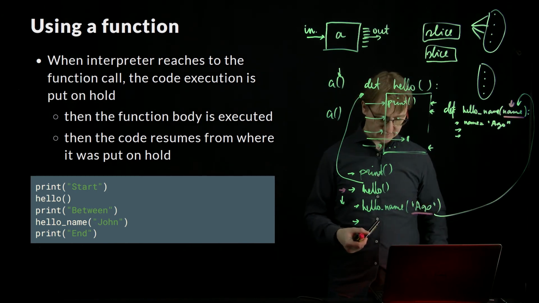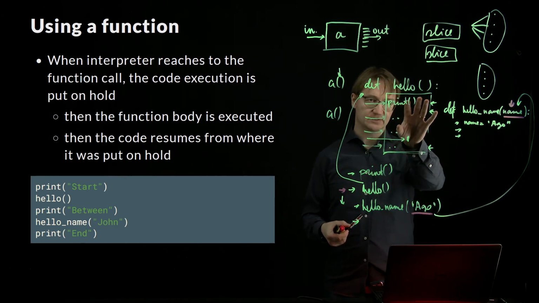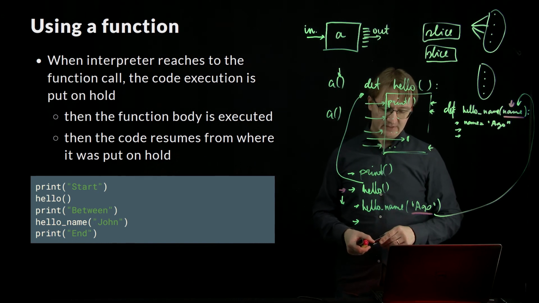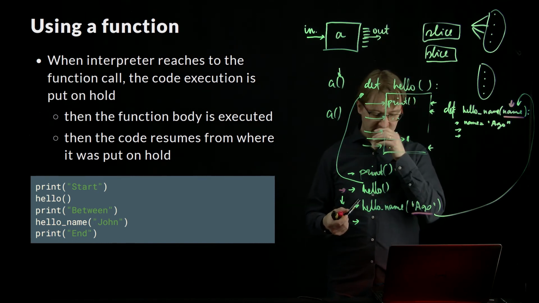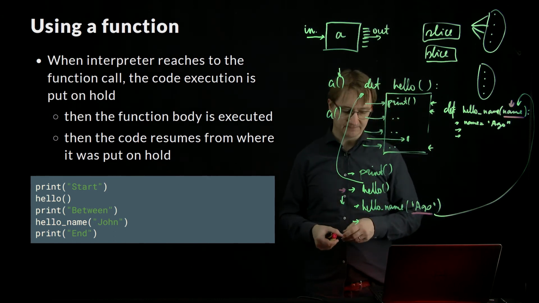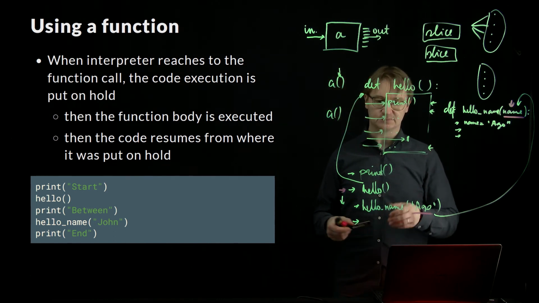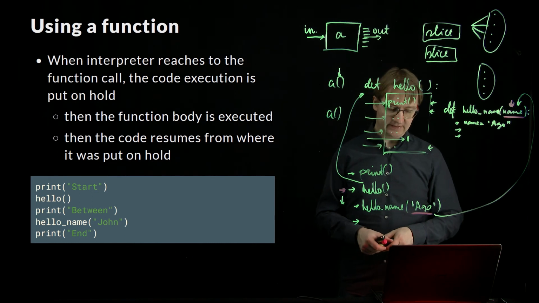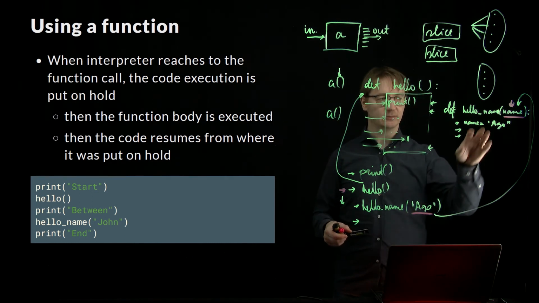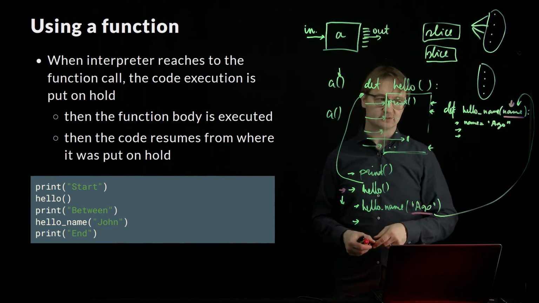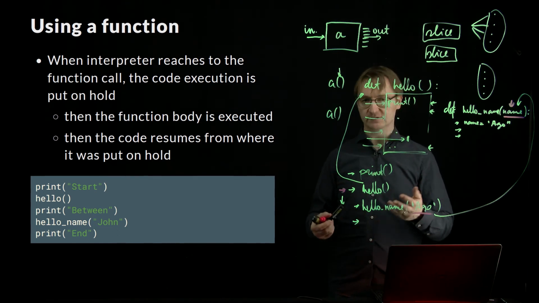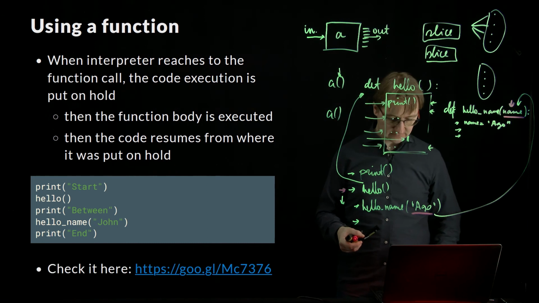The hello did something, printed out some greeting. And now after the hello has been executed, we can execute the print line which prints between. And after between, we will go into hello name, which probably takes this John and then prints out the greeting for John, and then it prints out the end.